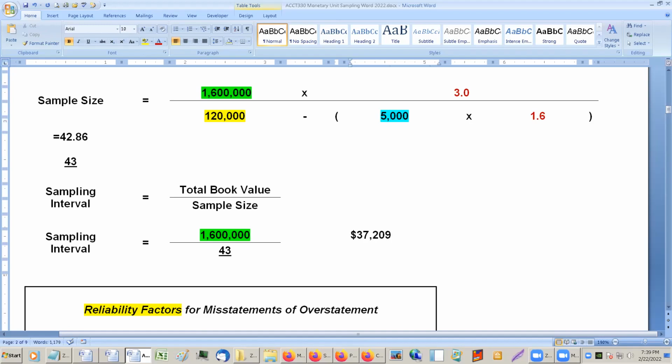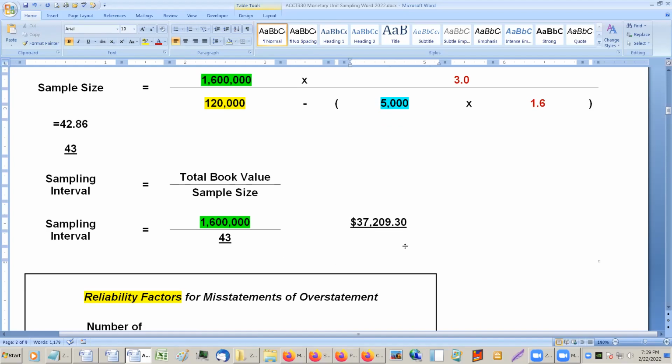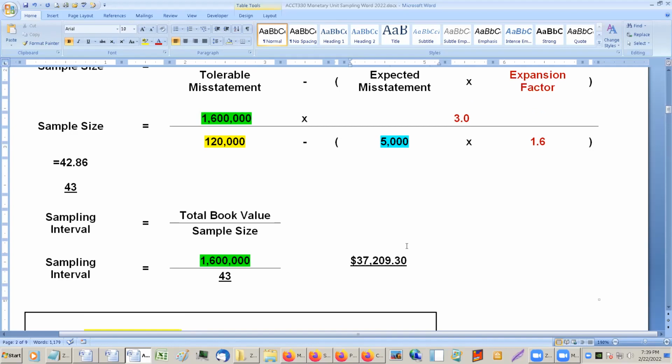You probably leave it there if you want. You could also put the cents in there. So that would be the interval. So you pick 43 items and you go every 37,209.